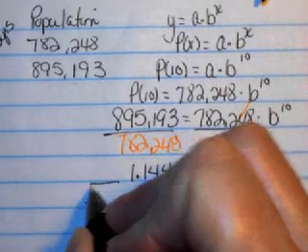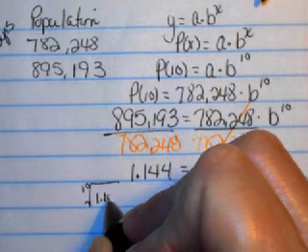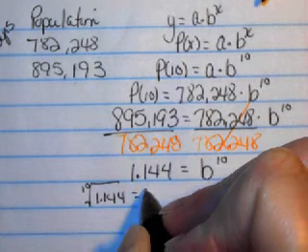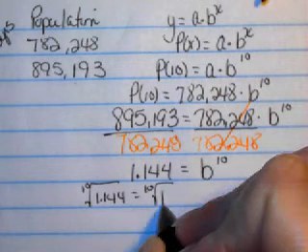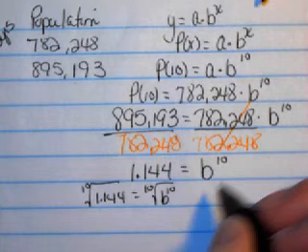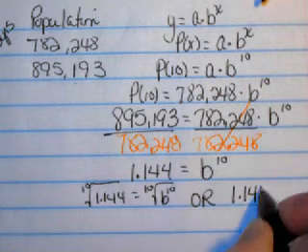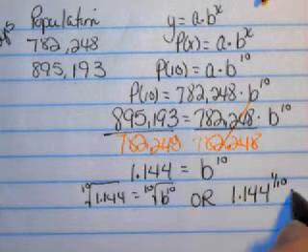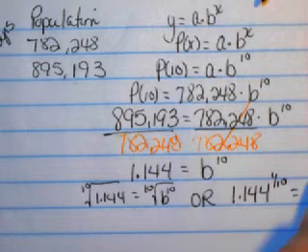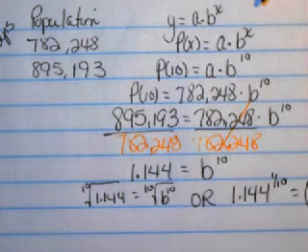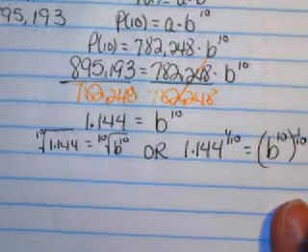We can take the 10th root of 1.144, which would be equal to the 10th root of b to the 10th, or we could say 1.144 to the 1/10 is equal to b to the 10th raised to the power of 1/10. Both of them will work, whichever way you're more comfortable with.